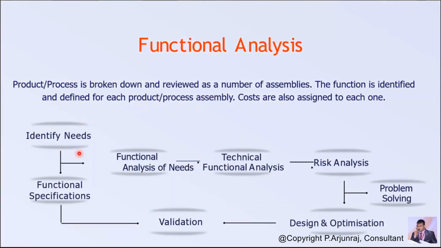What is the main objective of that particular assembly? You need to identify the need of the particular manufacturing stage or process. Then you need to identify the specification with respect to function aspects. Then you also need to validate it, and again here when it comes to validation, it's not only the function specification.